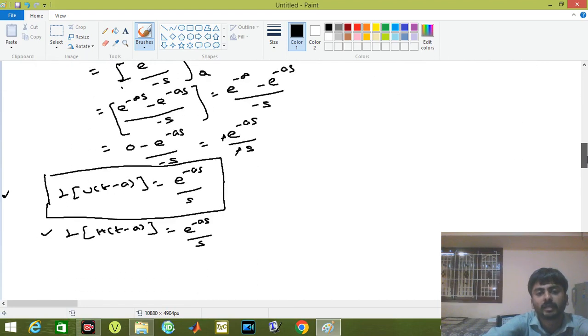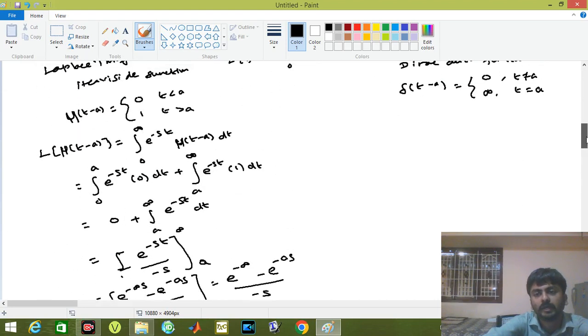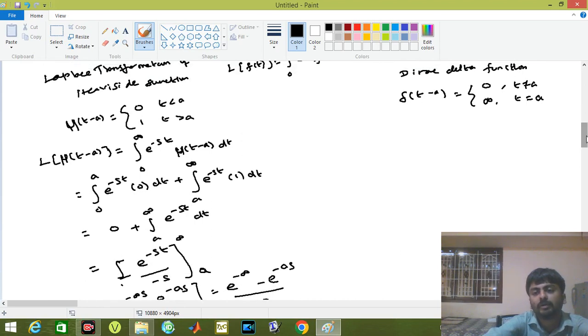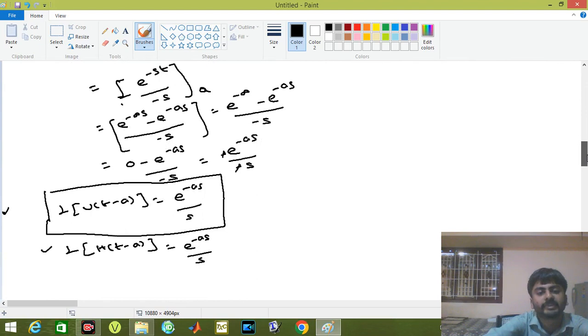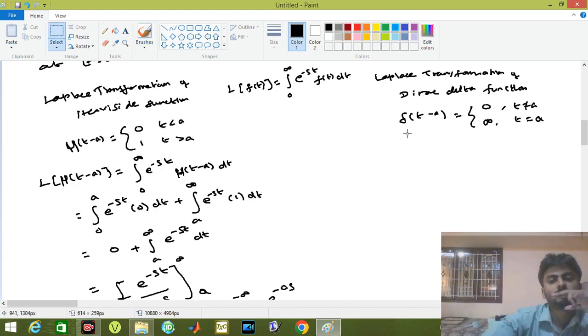Okay, now for the Dirac delta function we have to find the Laplace transform. So now coming to the Dirac delta function, we want to find the Laplace transformation for this Dirac delta function.